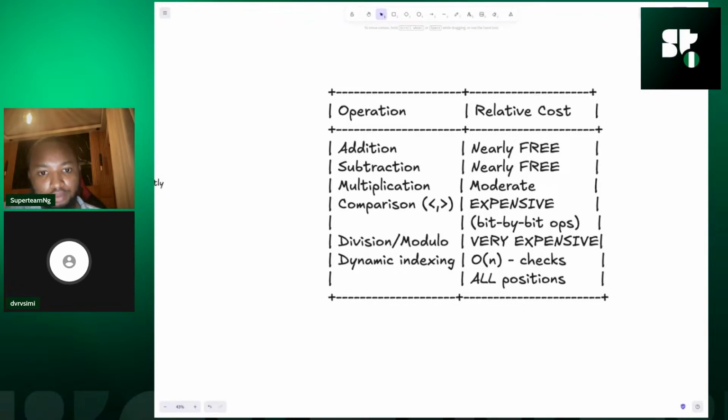Those bit by bit operations take time, because first these numbers have to be converted into binary before they can even be compared. The same goes for anything that requires more iterations, division and all. So I'm just giving an overview of how MPC operations cost.